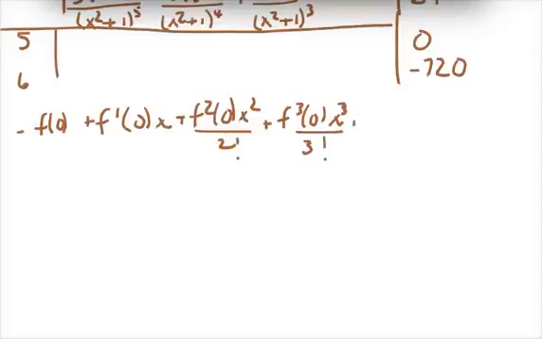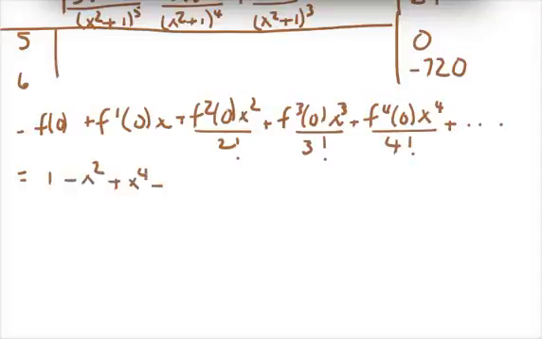Etc., etc. On out. Okay, what this looks like is 1 minus x squared plus x to the 4th minus x to the 6th. So we have this dropping out of the odd powers.